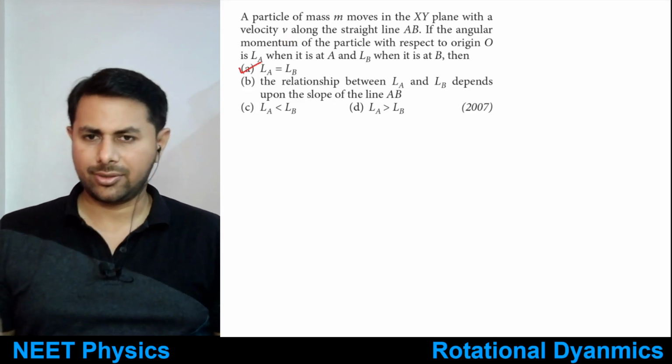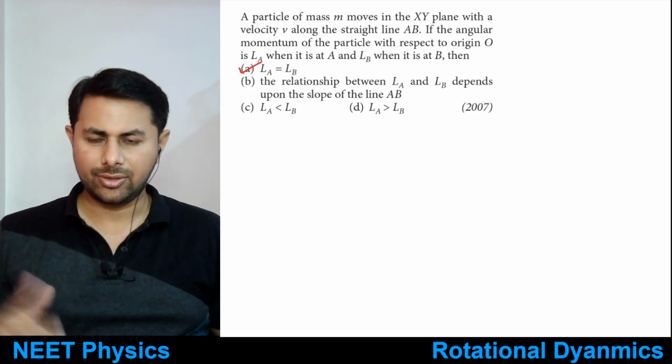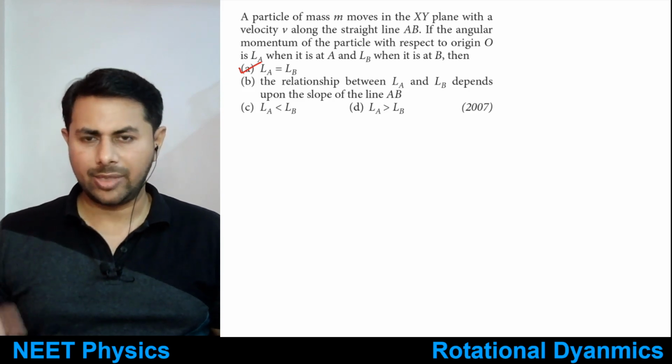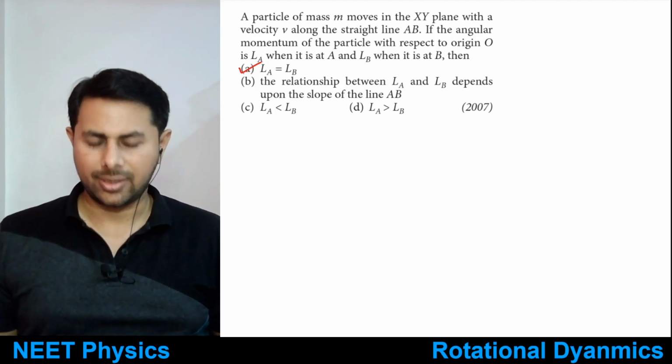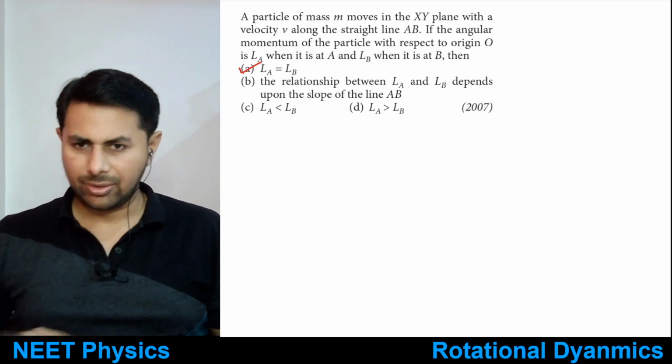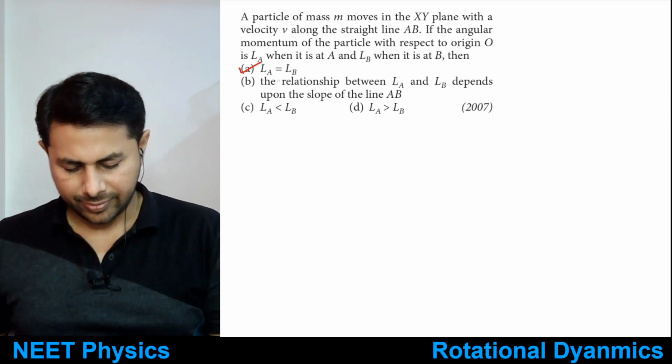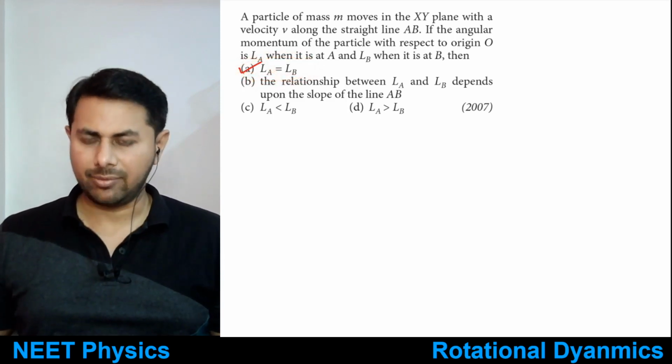If no external torque acts on it, here there is no mention of force also. So if there is no force, it means there is no torque. So if there is no external torque acting on the particle, then angular momentum remains conserved. So LA is equal to LB is the answer.